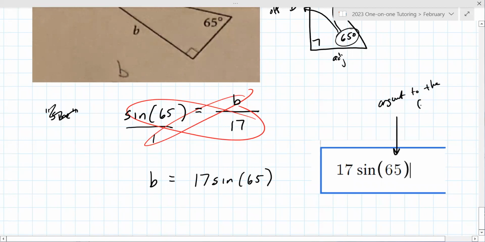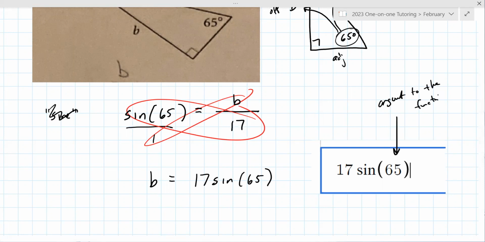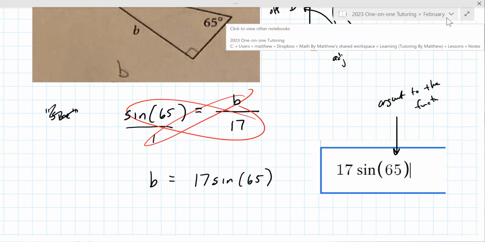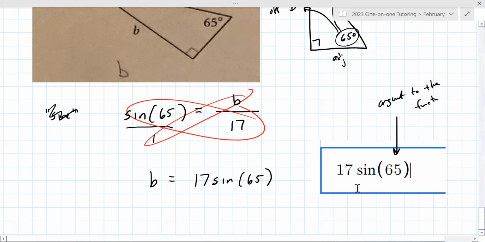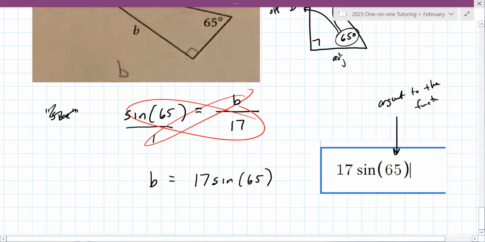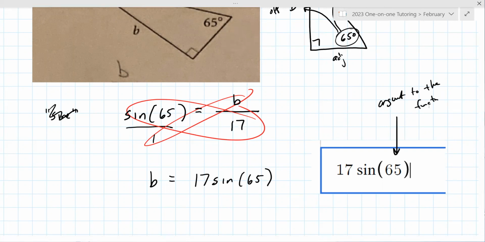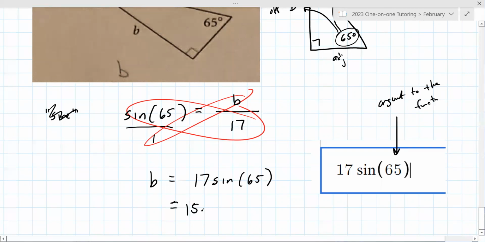So I write 17, then I put down sine, and then within the parentheses of sine, I'm putting down 65. And then I have a multiplication symbol in between 17 and sine, if you want. It doesn't matter. This will give me 15? Yes, 15.4.